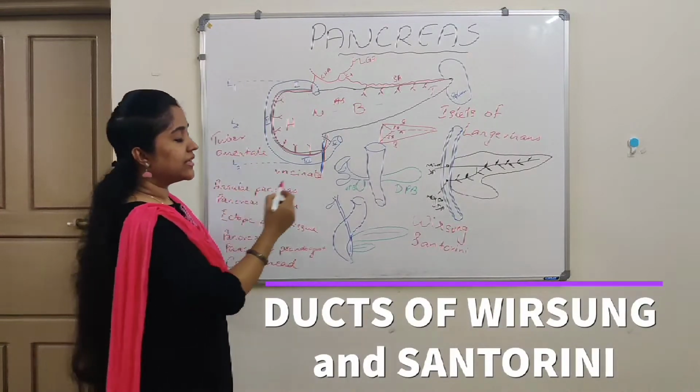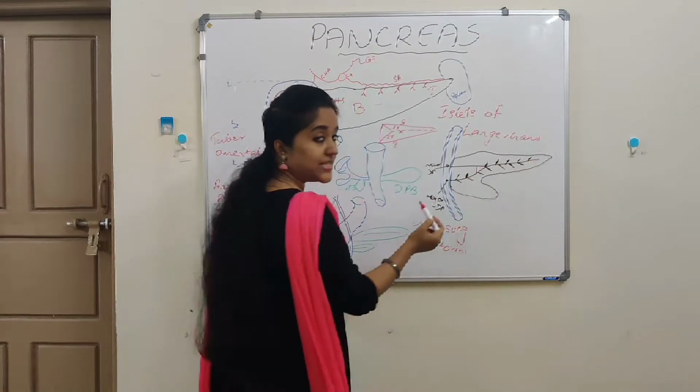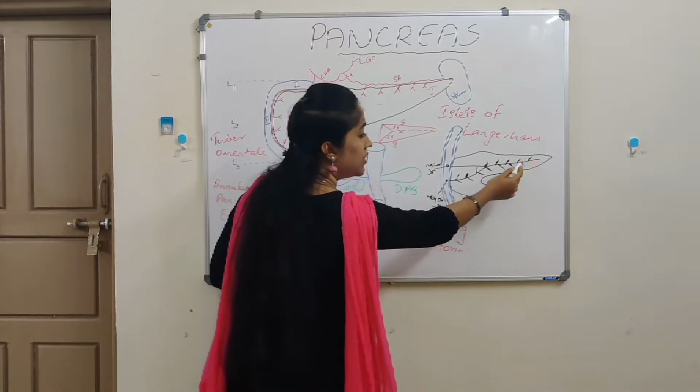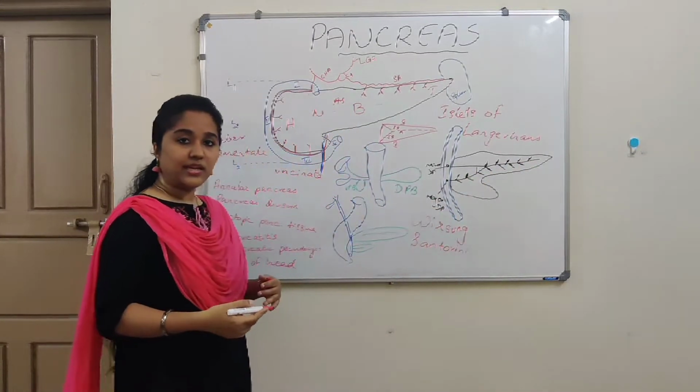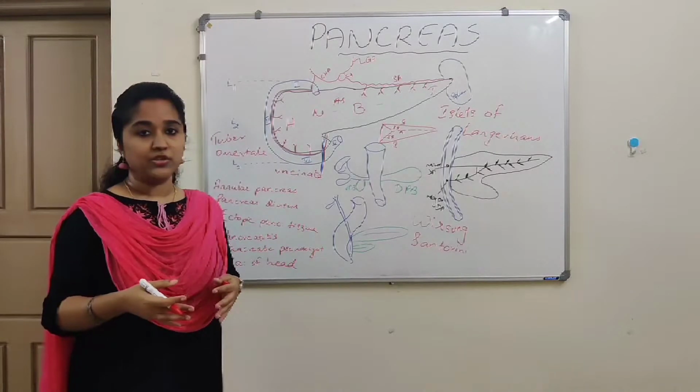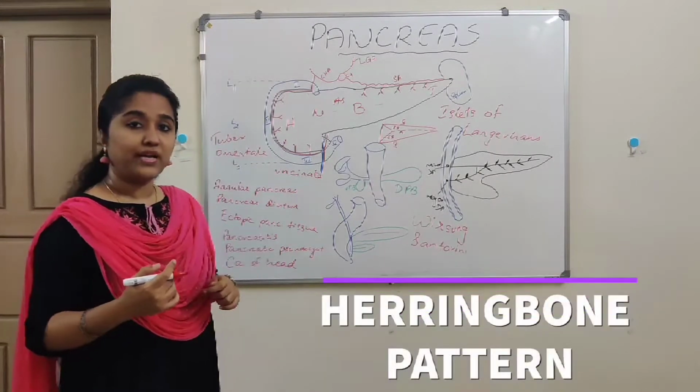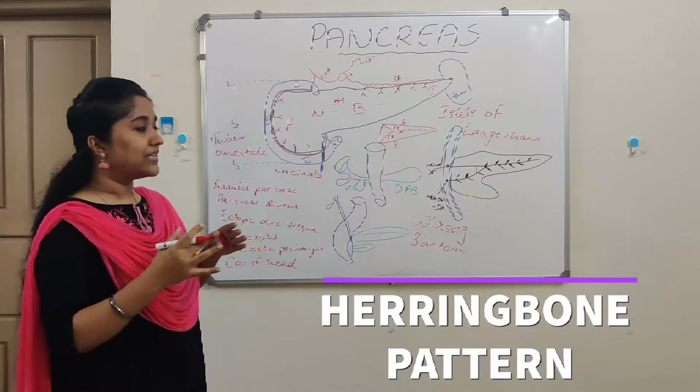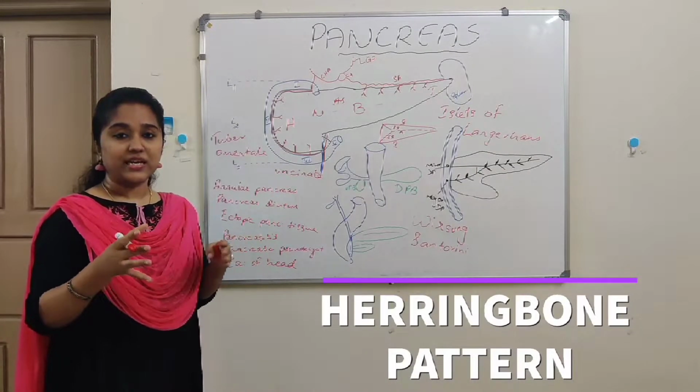So the main pancreatic duct, you can see here, arises from the tail, and as it passes towards the head, it increases in size by gathering many tributaries, and it passes in a herringbone pattern. Herringbone pattern is the pattern of arrangement of tiles.